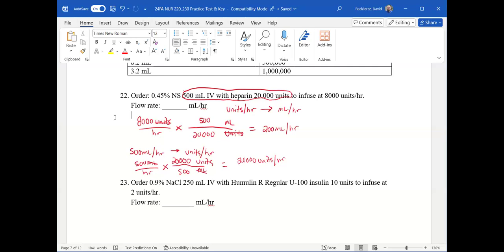But if you can consistently do 8,000 divided by 20,000 times 500 to go from units per hour to milliliters per hour, then you'll be fine. Just pay attention to your quantity and your units, like where those things go, and then you should be fine.